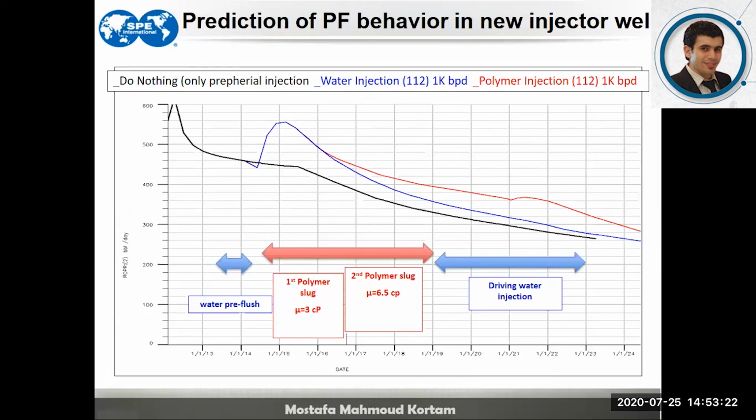The numerical simulation supported the result and improved the placement of the polymer injection, leading to optimized polymer flooding designed in a very effective and well-engineered way.